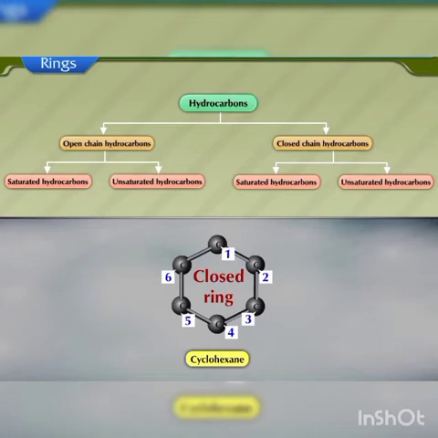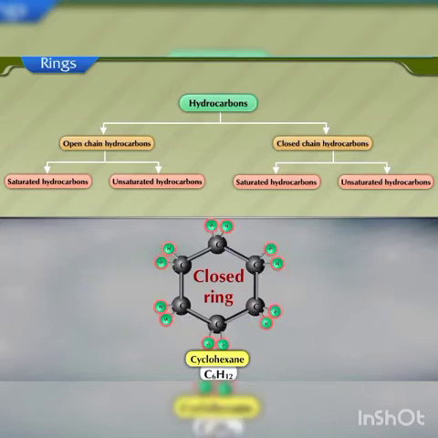The molecular formula of cyclohexane is C6H12. If 2 hydrogen atoms are attached to each of the carbon atoms, we get the complete molecule of cyclohexane. You must have observed that all the carbon atoms in cyclohexane are bonded to each other by single bonds.